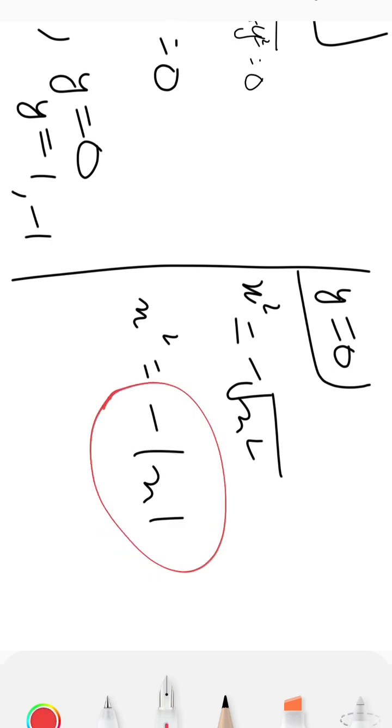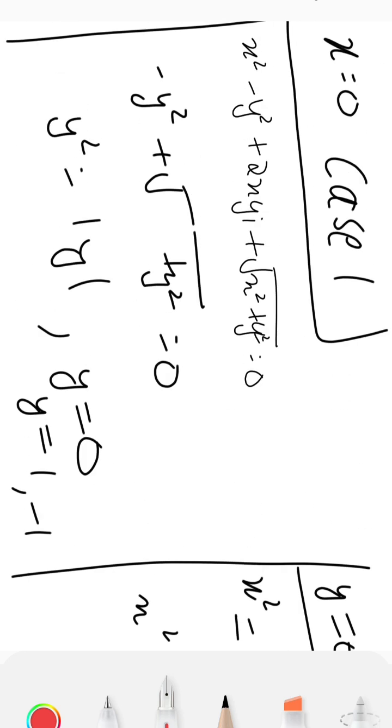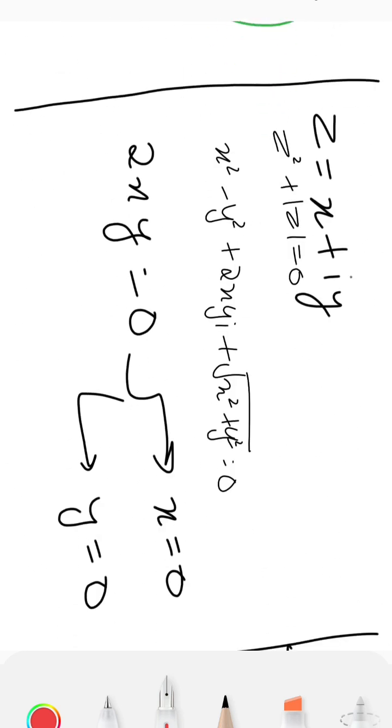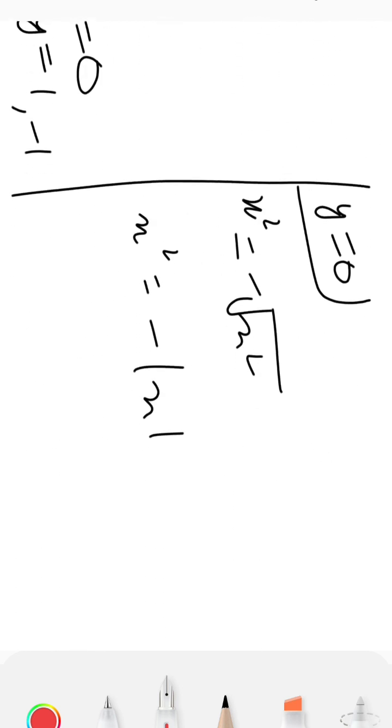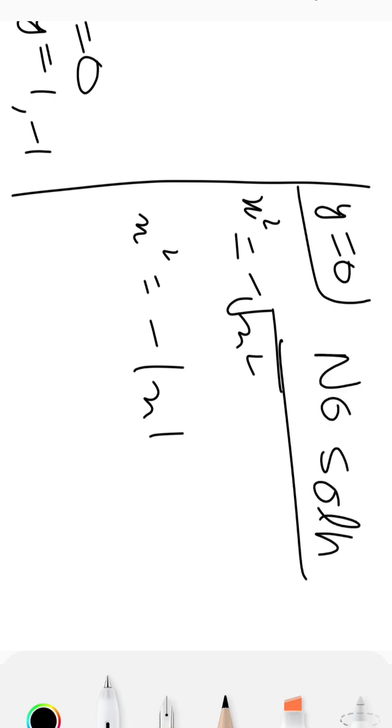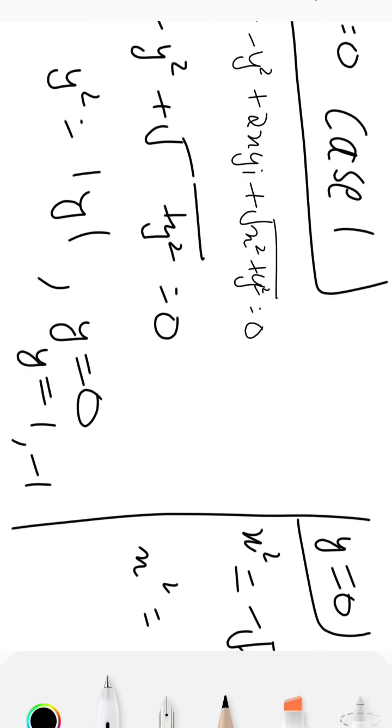So negating the mod is always going to give you a negative quantity, and x square is not going to be negative, because we have taken x and y as real quantities, right? Although x and y are involved in a complex quantity, but x and y individually are real quantities. So this case is going to give me no solution, right?